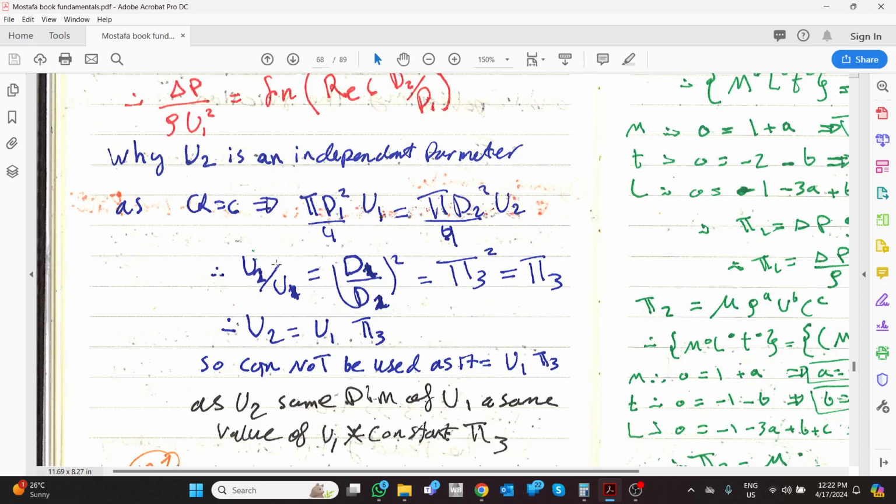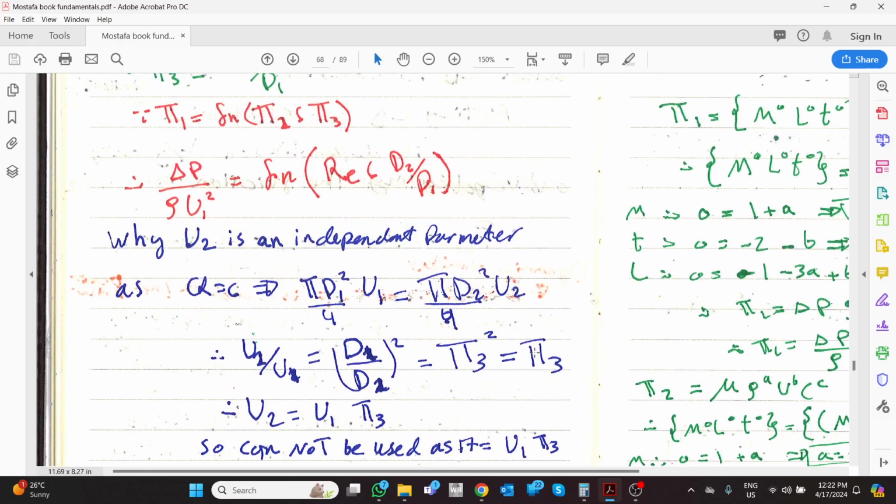So velocity 2 over velocity 1 equals d1 over d2 squared, which is equal to pi 3 squared.